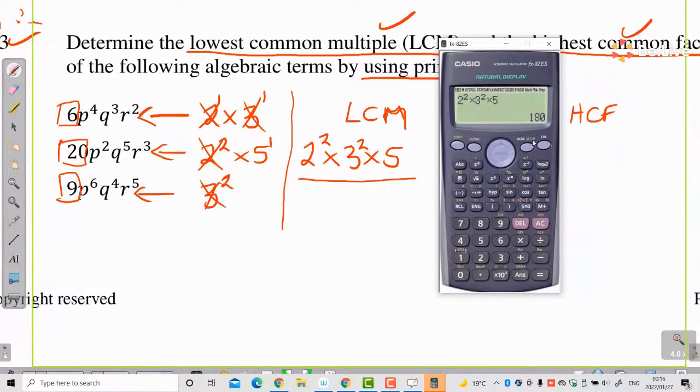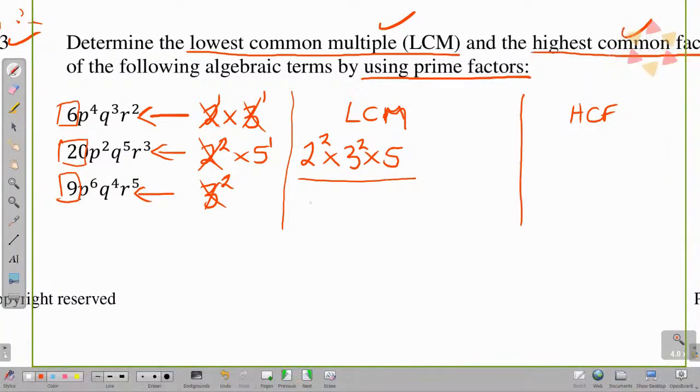You see that? So let's try it. 180 divided by 6, 6 goes into 180. 180 divided by 20, of course 20 goes into that, and 180 divided by 9, 9 goes into that. So 180 is the number here.